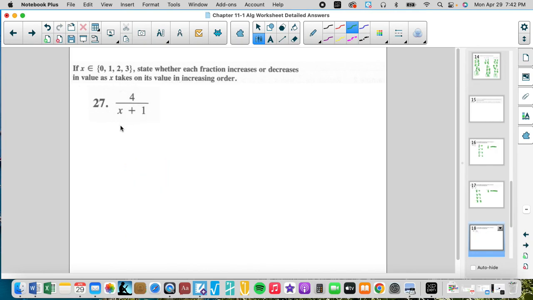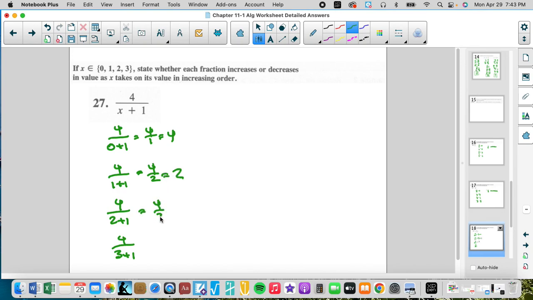Ooh, I like this. Look at this. 4 over 0 plus 1, 4 over 1 plus 1, 4 over 2 plus 1, 4 over 3 plus 1. And we'll get to see this. 4 over 1 is 4. 4 over 2 is 2. 4 over 3 is 1 1/3.